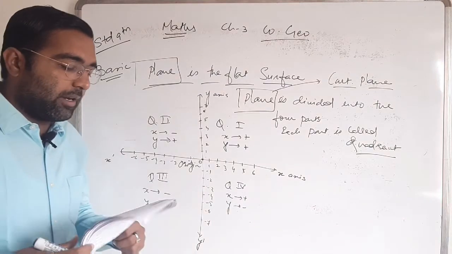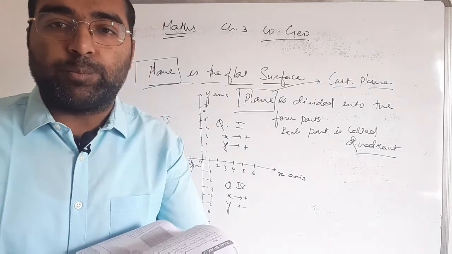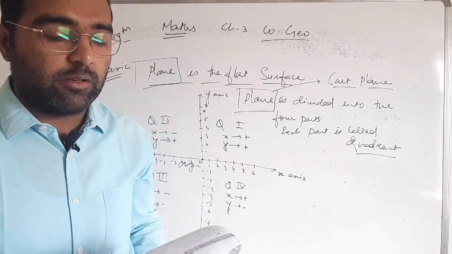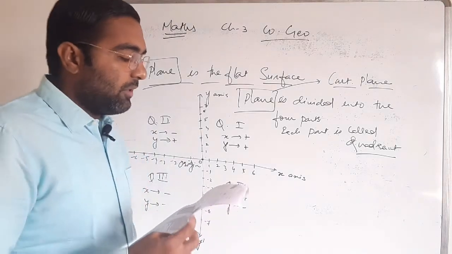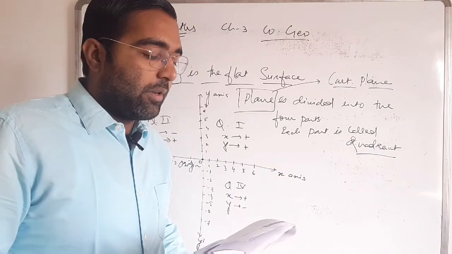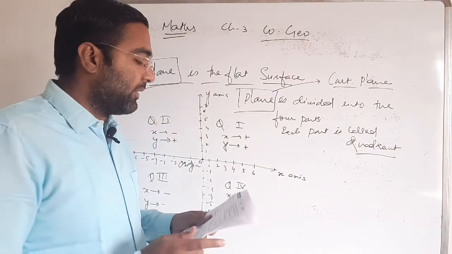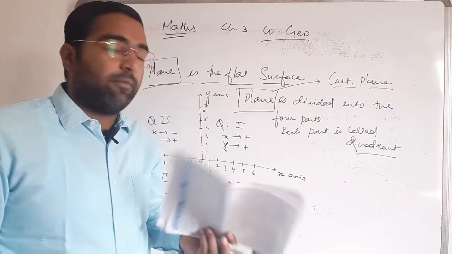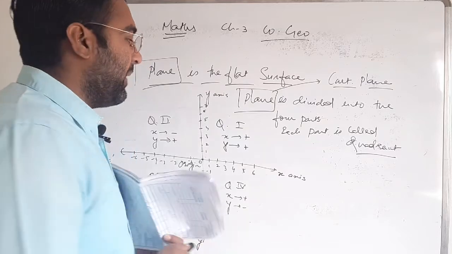So we are starting the worksheet sums that are given to you from the school. The first question is: in which quadrant do the following points lie? First is (5, -3).